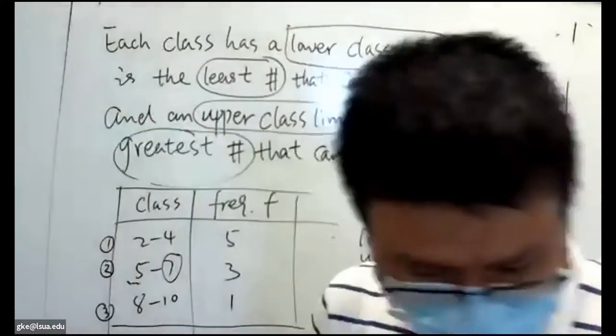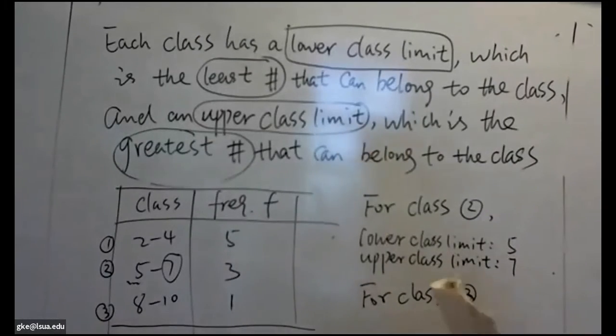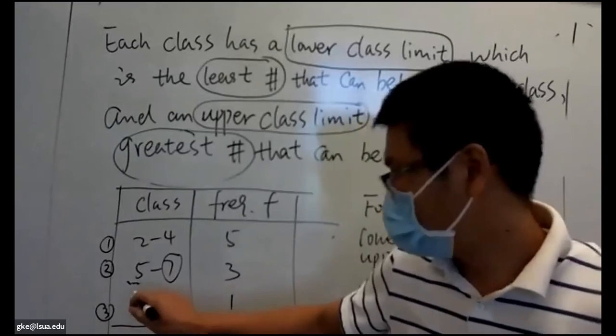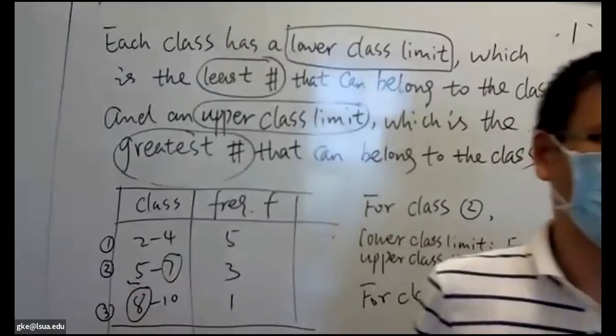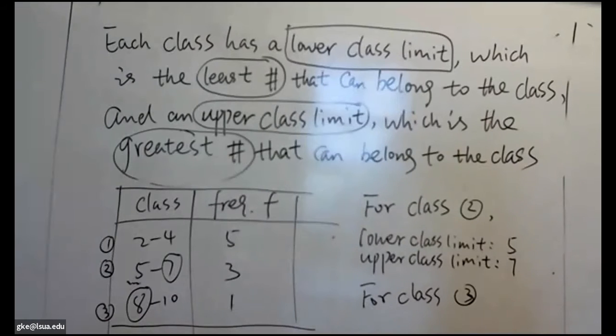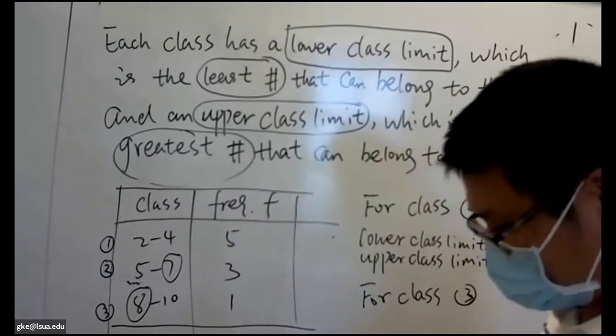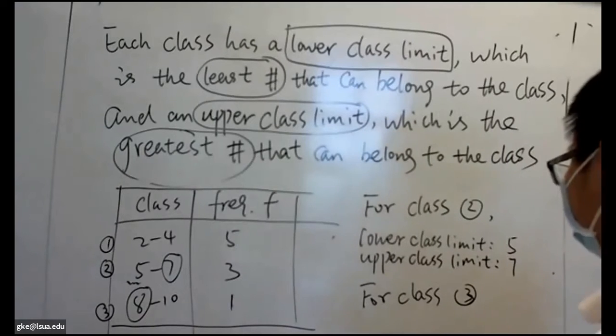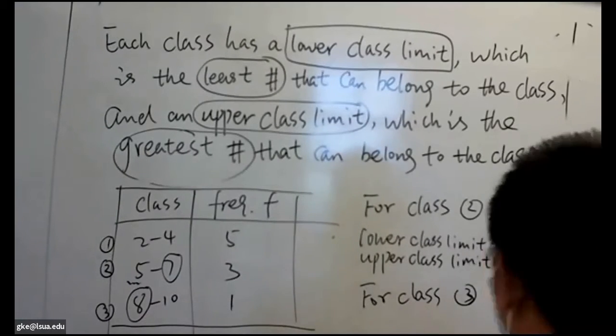Okay, so my answer is for lower class limit, we can see class 3, we have the 8. So the lower class limit should be 8. I should write down here.